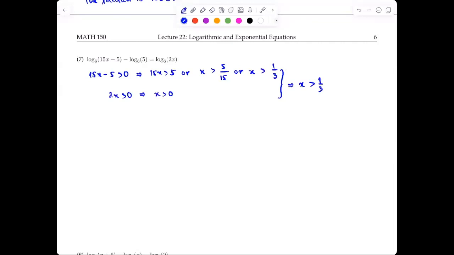Now, the difference for number 7 compared to other problems that we have done is that on the left-hand side, you have two terms subtracted from one another. Okay. So you turn subtractions or difference into divisions or quotient.